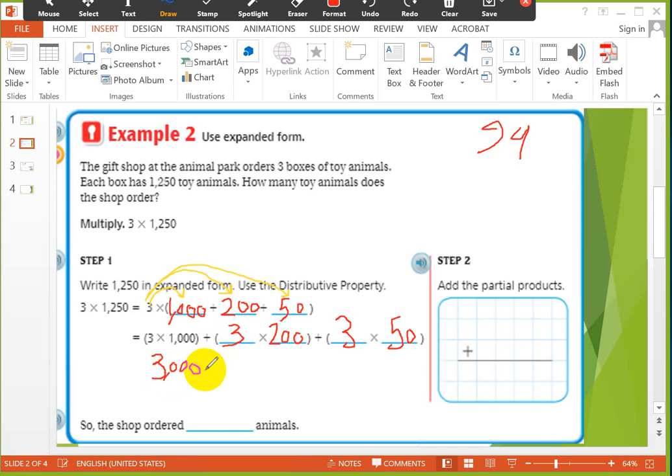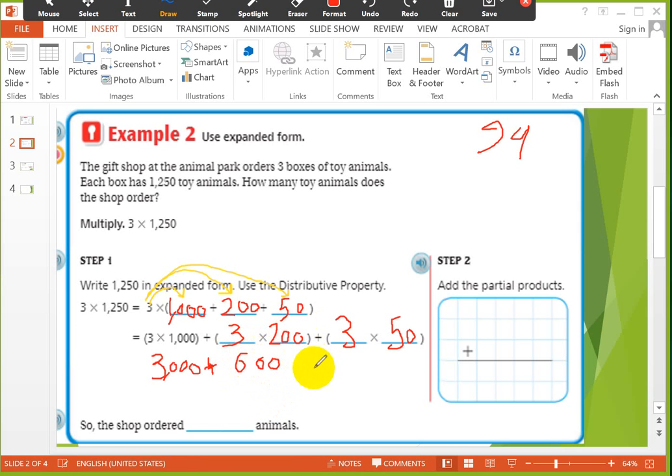Now, plus, I want to multiply 3 with the hundred number. 3 multiply 200. I will multiply 3 with 2 and put 2 zeros next to the answer. 3 multiply 2 equals 6. And put 2 zeros next to the answer, so it will be 600. Excellent, Zain. That's right.